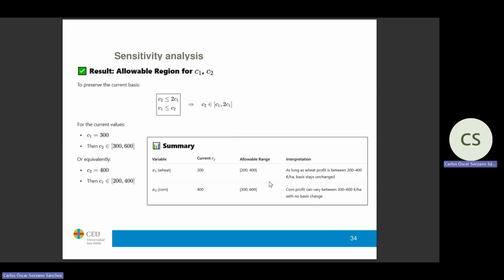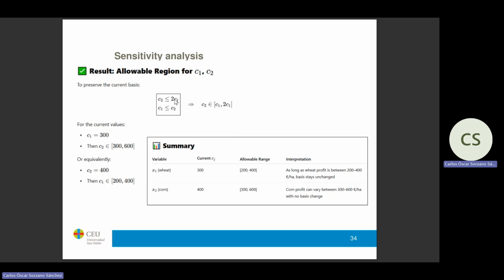Okay, so if you summarize both constraints, these are the two constraints. C2 has to be larger than C1, but smaller than 2C1. So C1 was 300. As long as C2 is between C1 and twice C1, the solution will be the same one. The solution doesn't change.